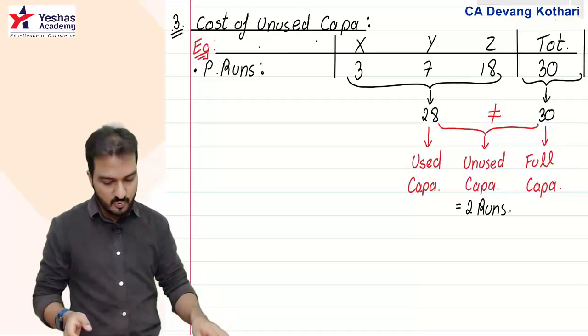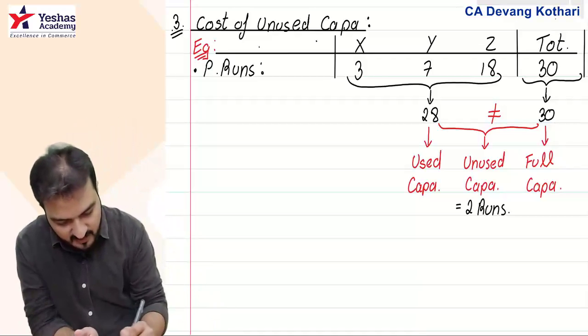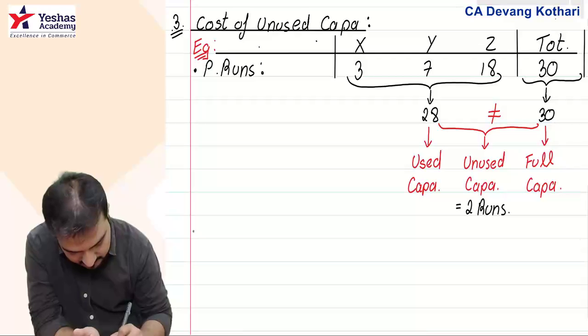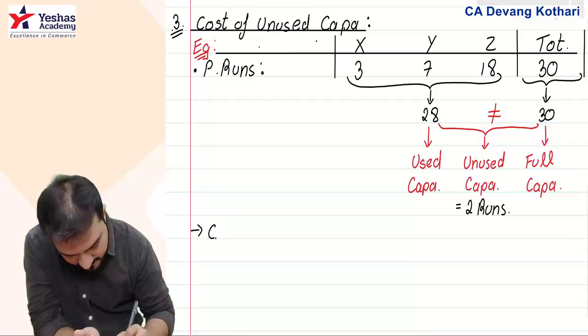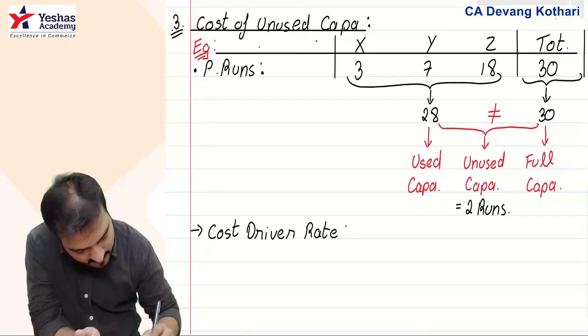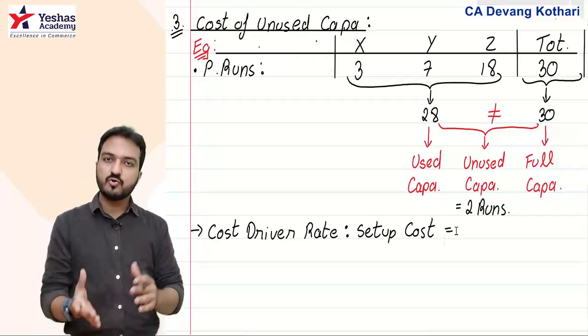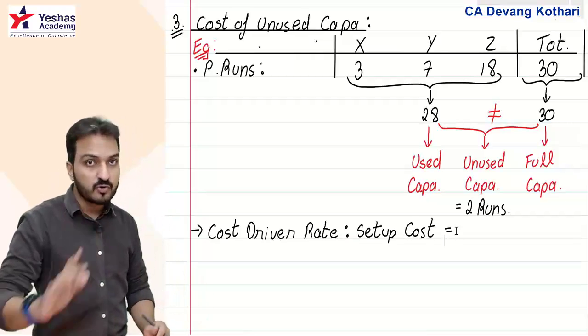Now how to do that? Notice now in this case when I calculate my cost driver rate for setup cost, it will be total setup cost divided by total cost driver.